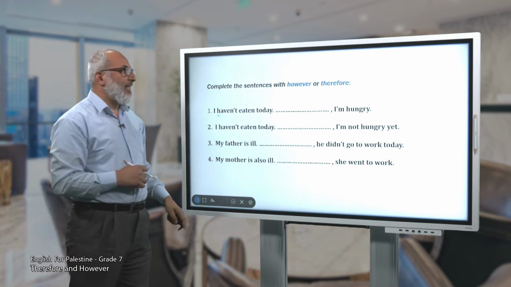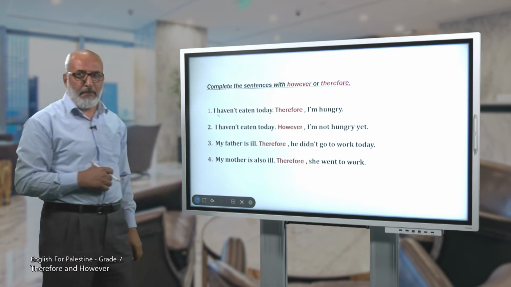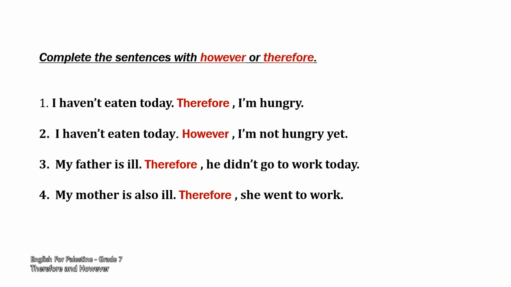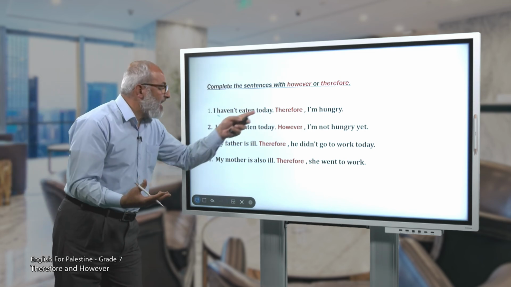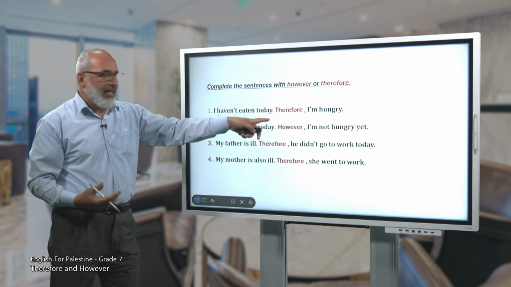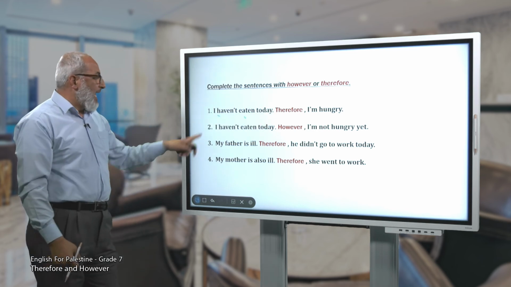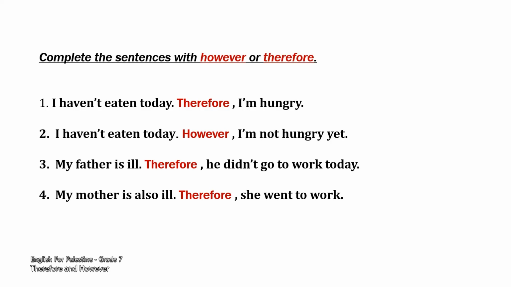All right? Let's see now the answers. Number 1, I haven't eaten today, therefore I'm hungry. So here, for this reason, I'm hungry today. Number 2, I haven't eaten today, however, but I'm not hungry yet.